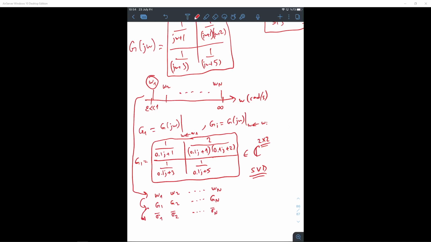Right, that's perfect. Now, since we have omega terms and we have sigma terms, we are going to plot this omega, okay? And this is sigma bar depending on omega, okay? And we are going to just plot this. Let me get another color.